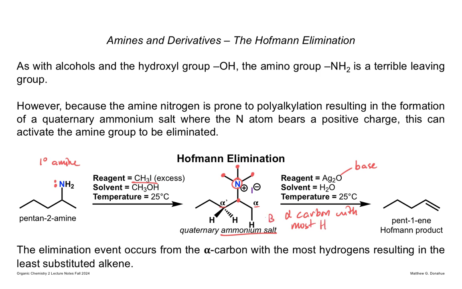So the base will abstract that hydrogen. We do an elimination, so E2 as we learned in organic 1, to end up with the alkene. Of the 2 sp2 hybridized carbons, there's 1 substituent, so this is a mono-substituted alkene, the least substituted alkene.